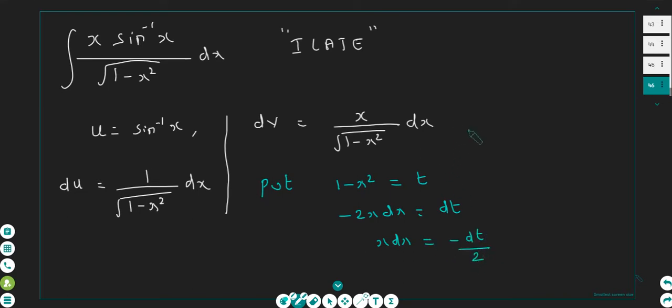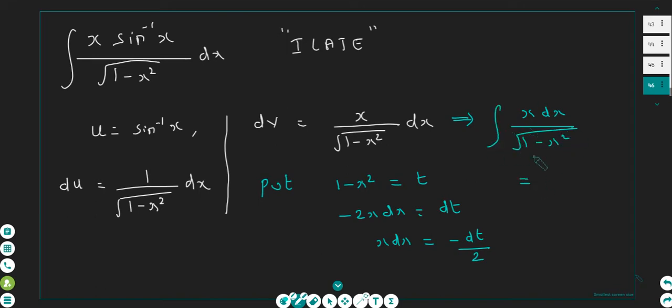So the integration, I'm just specifically integrating this one, integration of x dx divided by root of 1 minus x squared.